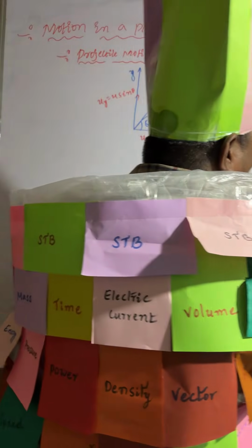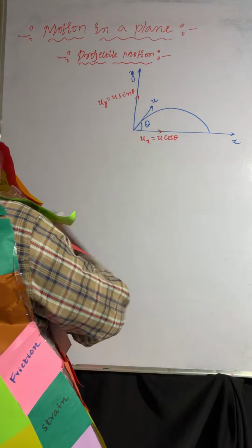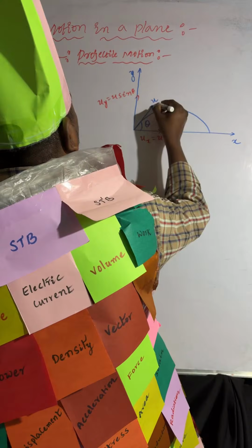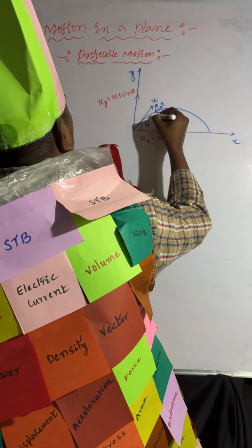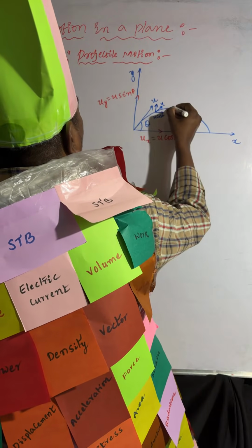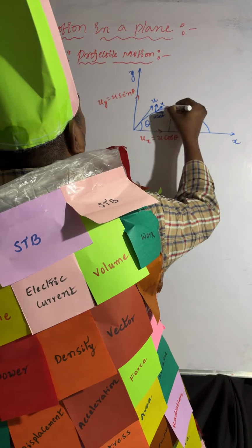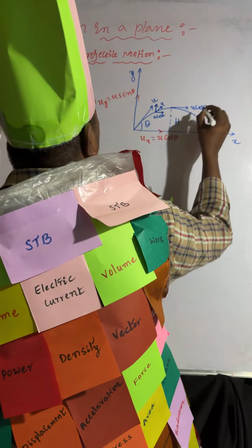Now you can see a particle at time t, with u cos theta and u sin theta. This is the maximum height. At this point, only the horizontal velocity u cos theta is there.